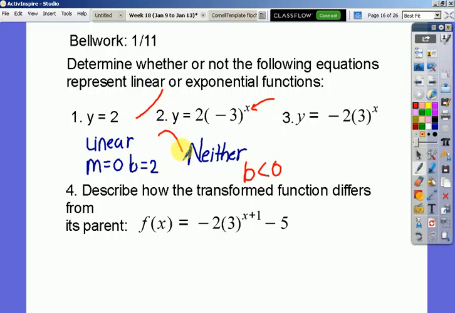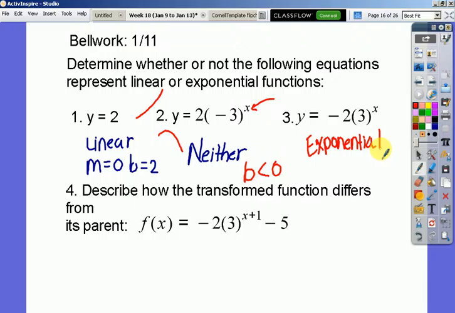Does that make sense? So here, we have y equals negative 2 times 3 to the x. What is that? That is exponential. So we can have a negative a value as long as our b is greater than 0.